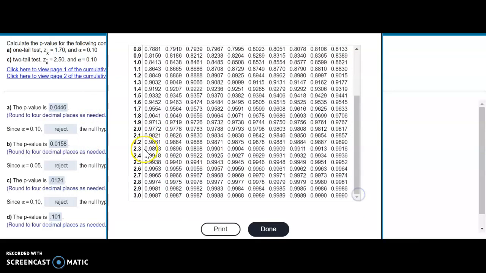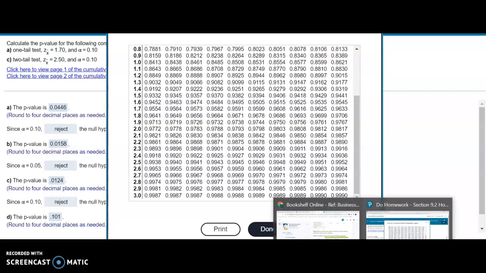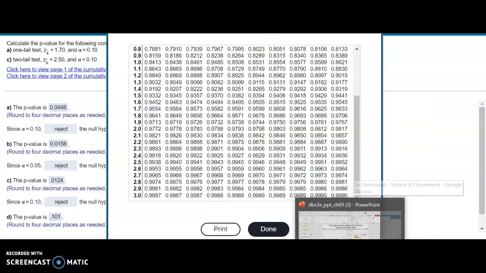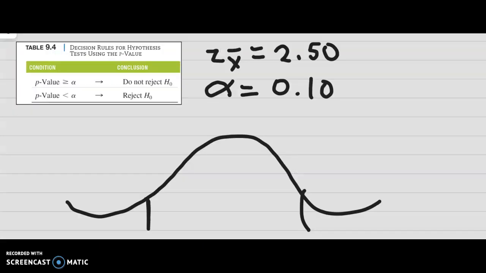And 2.50 is 0.9938. Since it's a positive value, it is going to include the left tail, and it's going to stop somewhere.